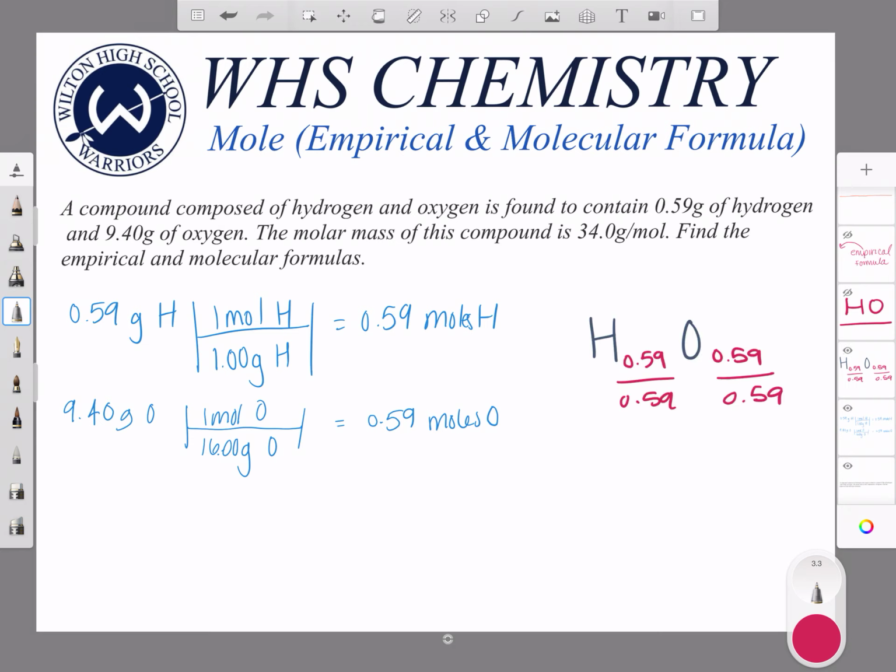Then we set up 0.59 oxygens and 0.59 hydrogens, and we divide by 0.59 on each subscript, and we figure out that our empirical formula is HO.